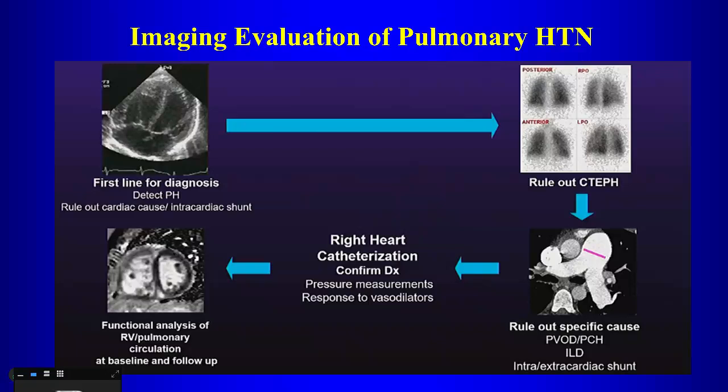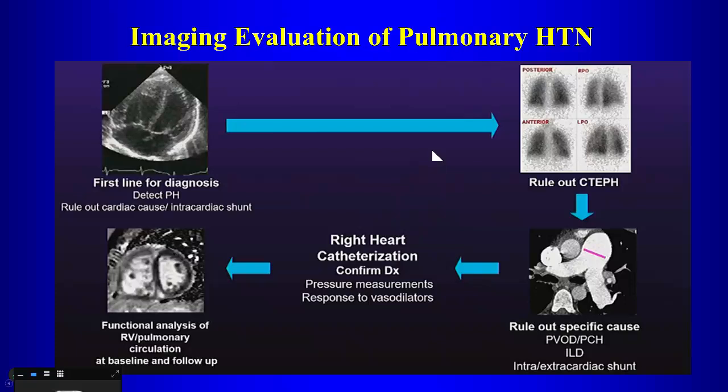And so if there's no evidence of obstruction of the right ventricular outflow, then that's the pressure in the pulmonary artery. So that's how, when we recommend echocardiography to confirm that there's pulmonary hypertension, that's how they do it. Okay? So the workup, we start with echocardiography.